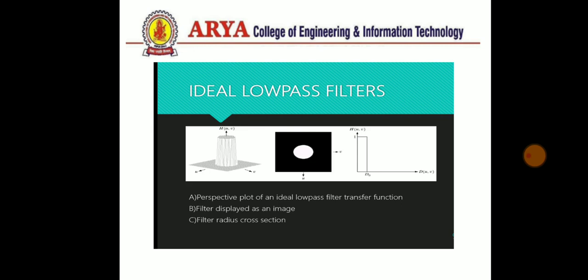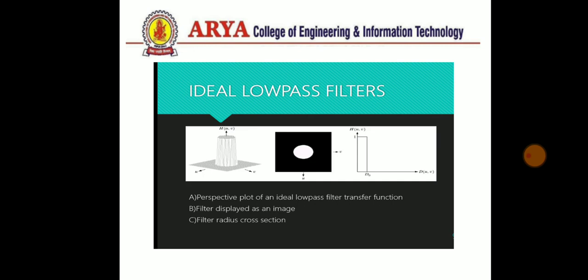So this is the pictorial representation which we can easily see in this figure. In the first part of the figure, there is a filter mask which is applied on the noisy data, or the degraded image, which has a plotted value of u and v, and this is the perspective plot of the ideal low pass filter transfer function. The second shows the radius, or the circle part of the filter mask, which can be applied on the degraded portion of the image, with a radius of D naught.